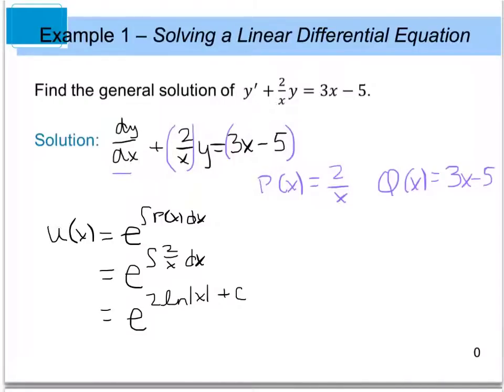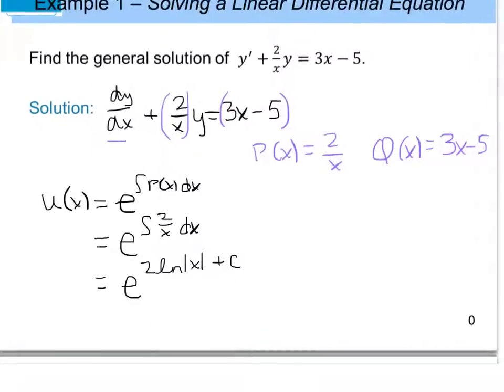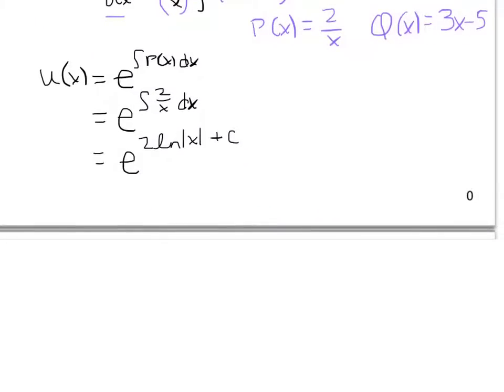Now when I simplify this, if you recall, I can rewrite an exponent that has a coefficient in front of it as a power. So I'm going to rewrite this as e to the natural log of the absolute value of x squared plus c.